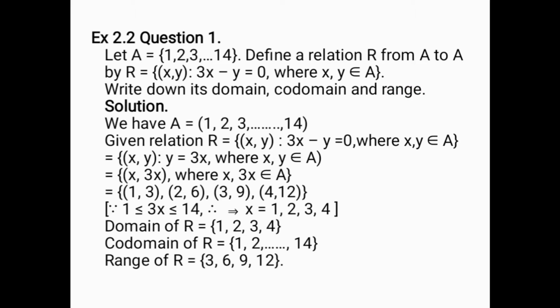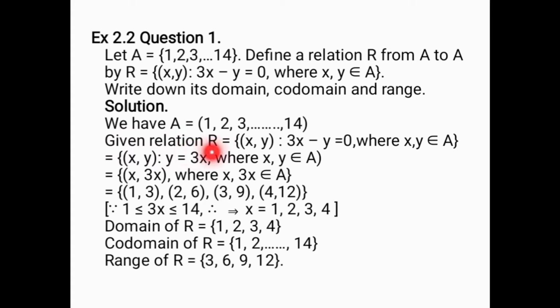So now I am explaining domain. The first element in the set is called domain. The second element in the set is called codomain. Range is a subset of codomain. Okay, right. Solution. We have A equal to 1, 2, 3, up to 14.